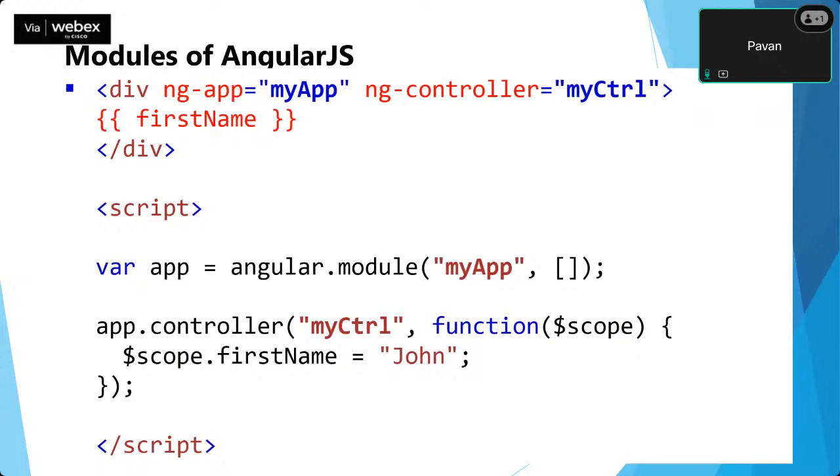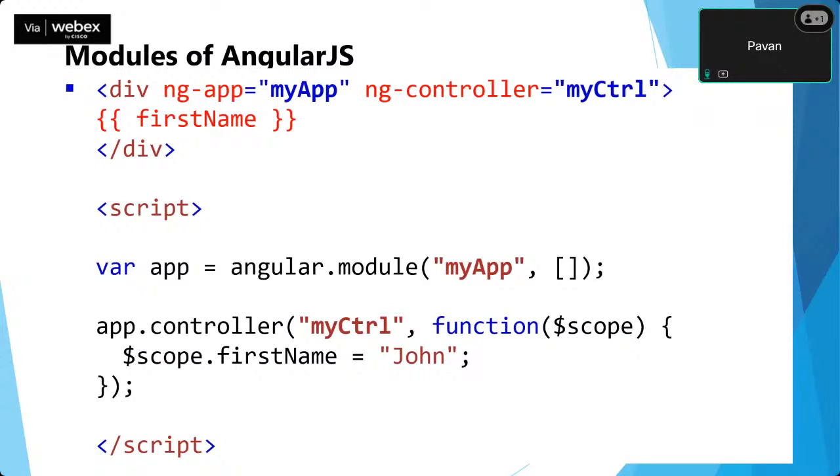So here it is my app, and after that, comma and square brackets which are empty. Not normally empty, but we can add several other components if required. But here we won't require any other component, that's why we have not mentioned anything inside those square brackets. And after that, we have to end it with a semicolon. So that is the syntax of creating the module.